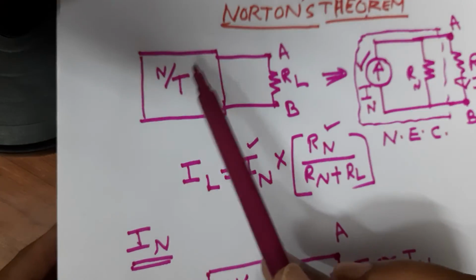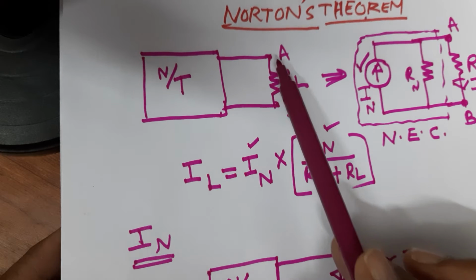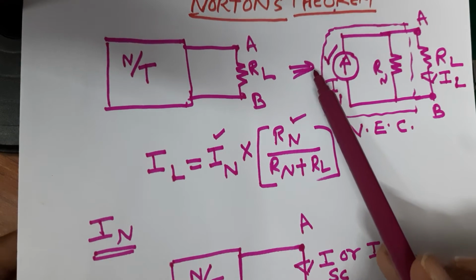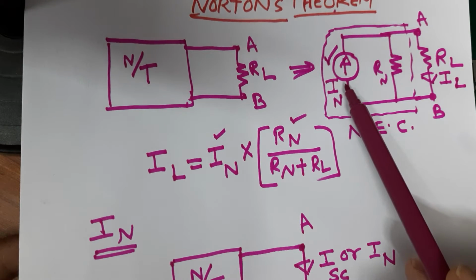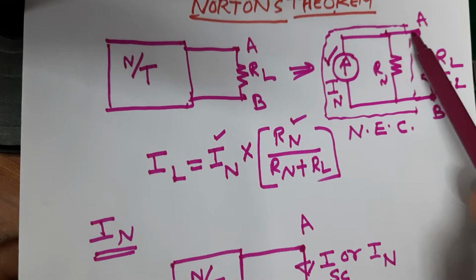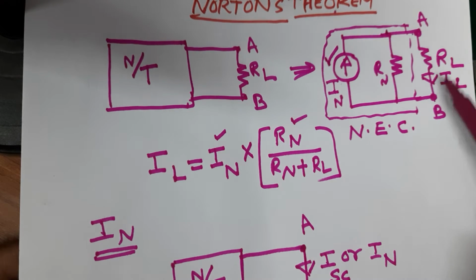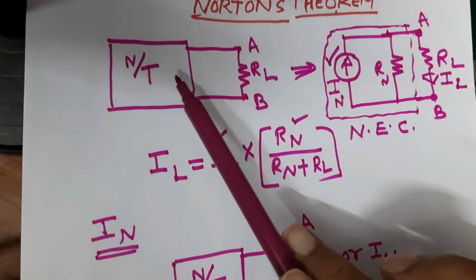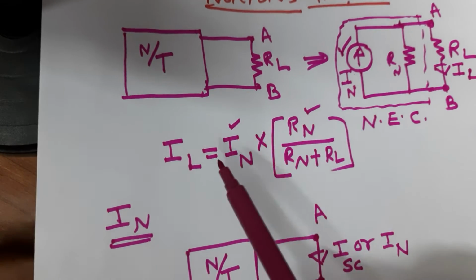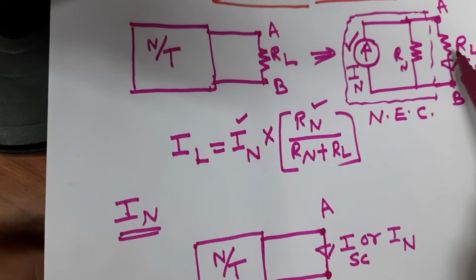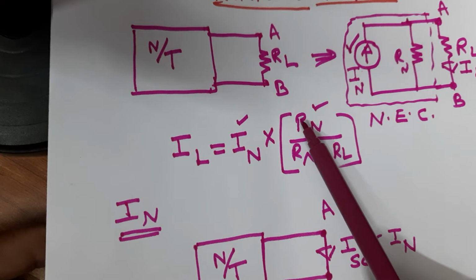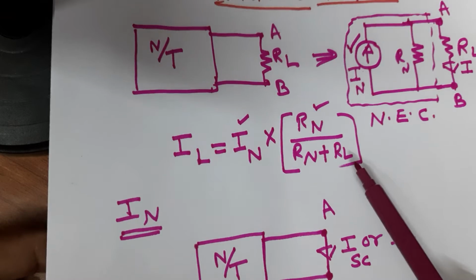Just to repeat, Norton's theorem states that any two-terminal linear active bilateral network can be replaced by an equivalent circuit consisting of a Norton current source in parallel with a Norton resistance across the same two terminals A and B as shown here. After replacing the given network with Norton's equivalent circuit, we can easily find the current flowing through the load resistance, given by IL equals IN multiplied by RN divided by RN plus RL.